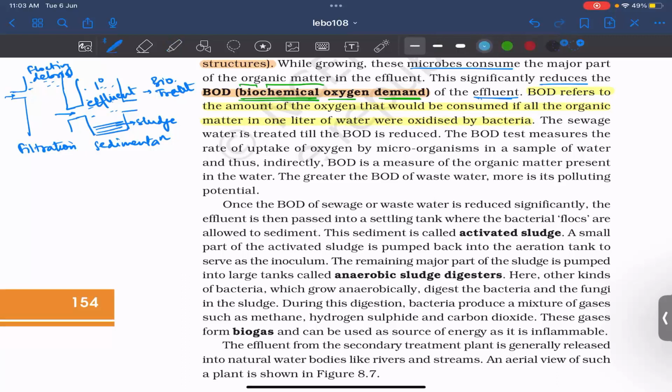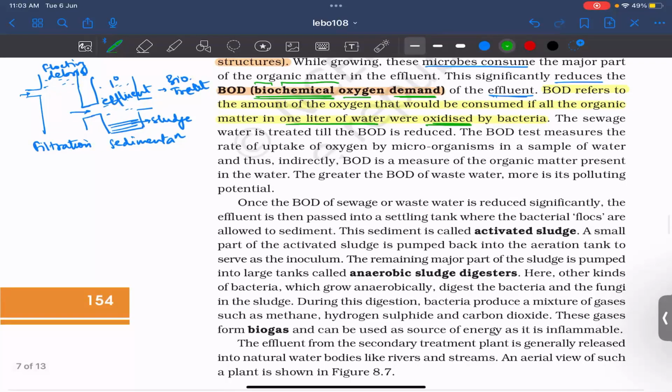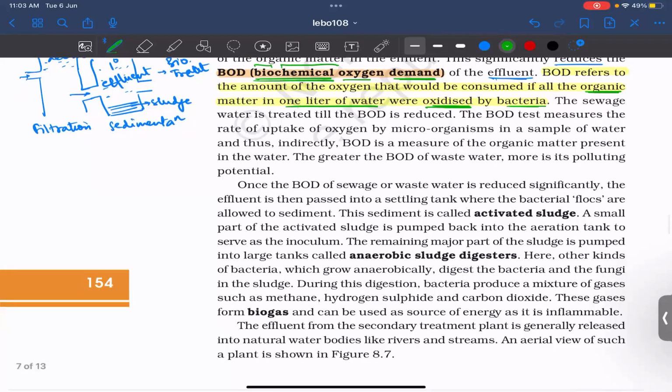The words you need to focus on here are 1 liter of water and oxidized. This line can be asked as it is in the MCQ or in your school exams, and you need to be very correct with these words.